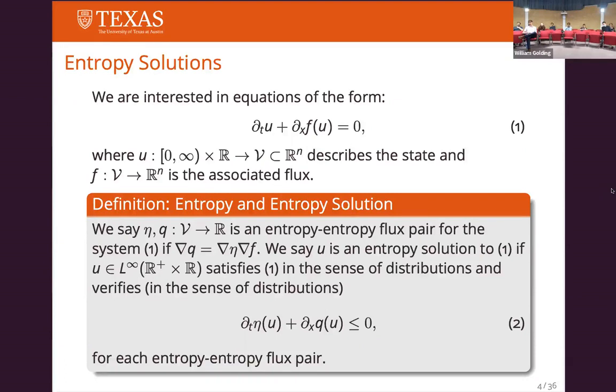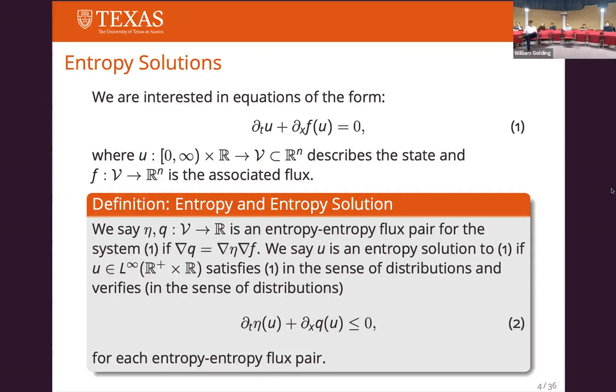And entropy solutions satisfy that. If I have an entropy, I get some extra information about my solution. So I have another sort of inequality. And this is where the time irreversibility comes into play, because this equation is very time reversible, let's say. And so that's the typical notion of entropy here.